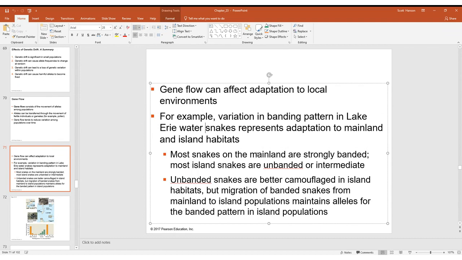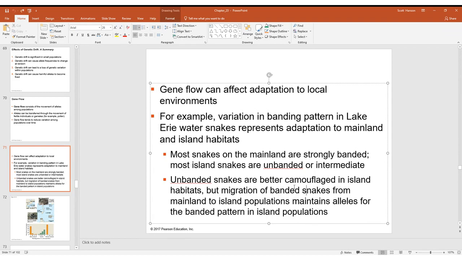We're going to be seeing pictures of snakes here, so if you have a fear of snakes, I'm just letting you know now. Most snakes on the mainland are strongly banded, but the island snakes are unbanded or intermediate, because unbanded snakes are better camouflaged in the island habitats.